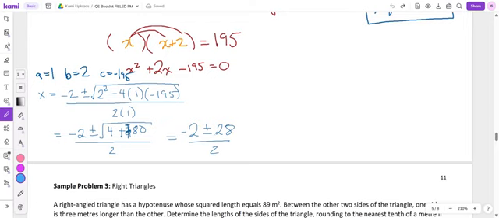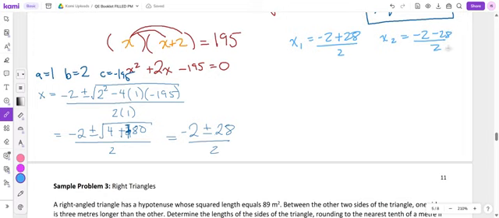Can everyone see? Charlotte, can you see? Elise? Okay. Melena? Okay. All right, so what that tells us is that x1 is going to be negative 2 plus 28 over 2. And x2 is negative 2 minus 28 over 2.